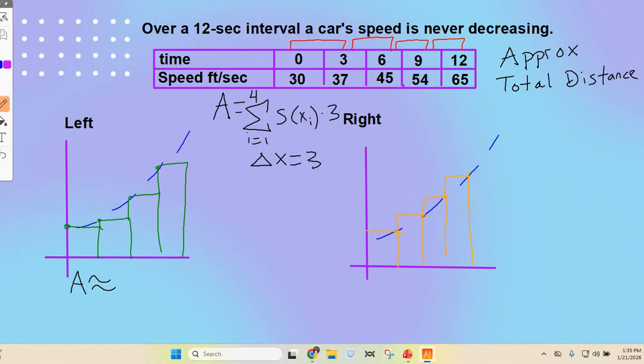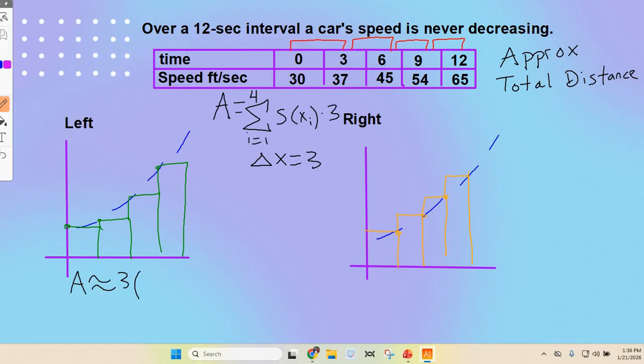Like if I had 3x plus 3y plus 3z plus 3w, I can't divide by 3 because they still have to be multiplied by 3. But I can factor out a 3. That way I can just do the addition and then multiply by 3 at the end. Yes, no, maybe?